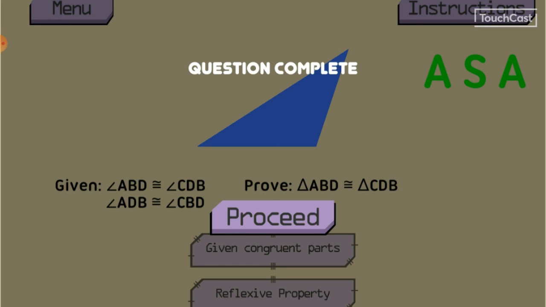Observe that it doesn't matter in terms of ordering which reason the student uses first, but what is important is for the student to recognize. The student will eventually understand that as he selects the reasons that are given, he needs to highlight 3 pairs of congruent parts to be able to prove the theorem.